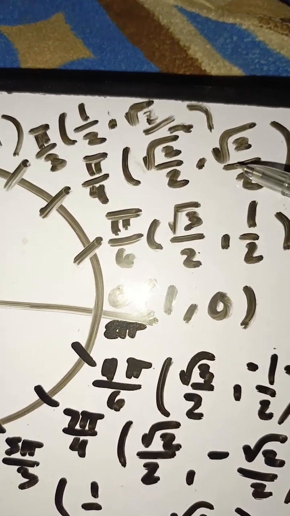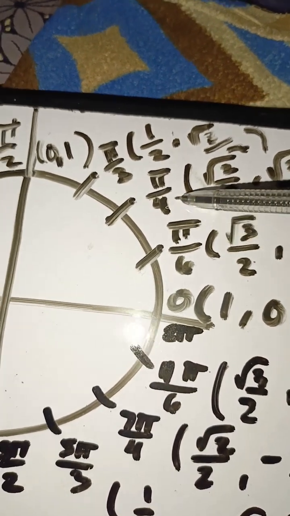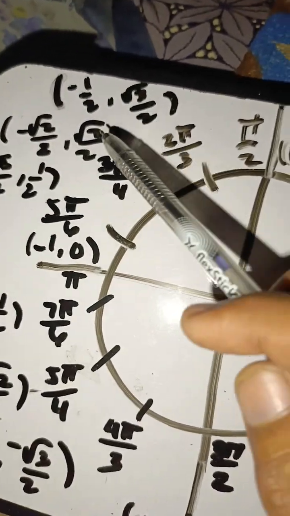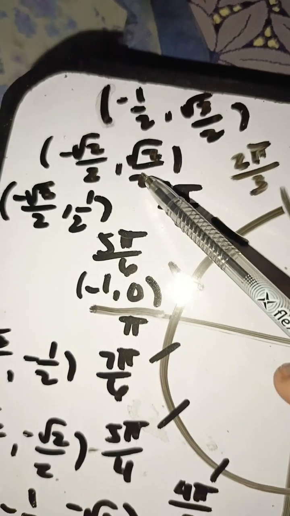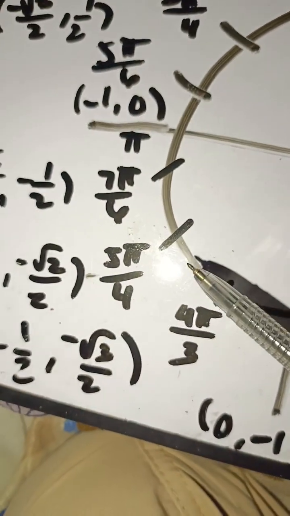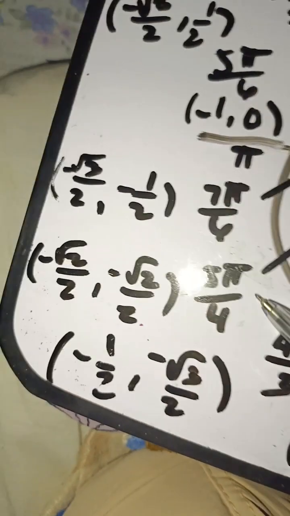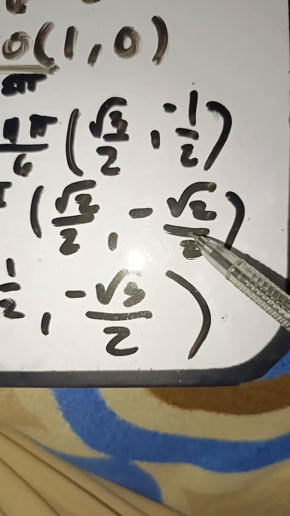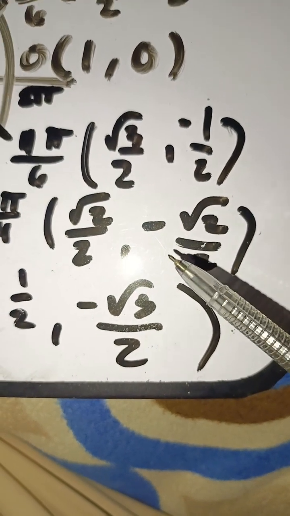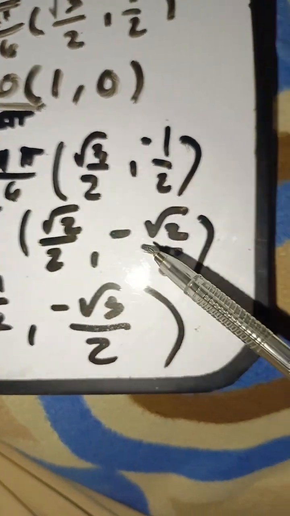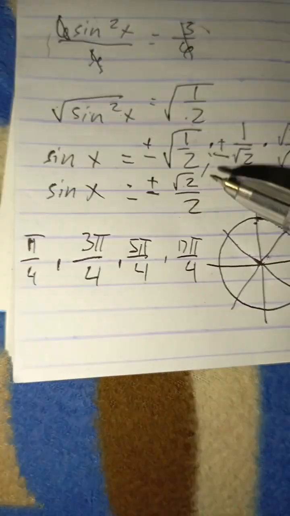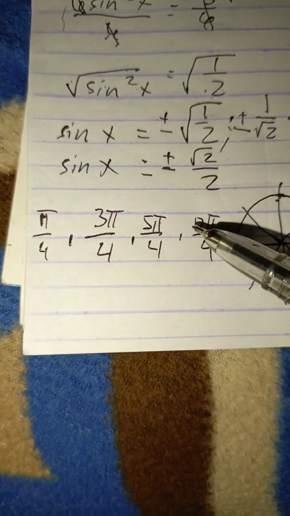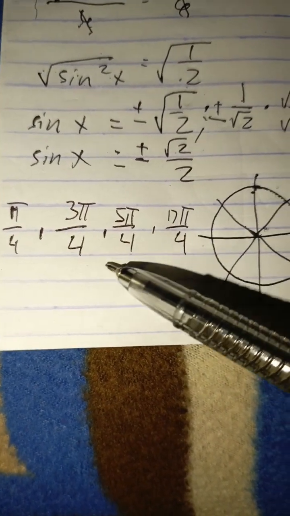We can find it here on pi over 4, on 3 pi over 4, on 5 pi over 4, and 7 pi over 4. Just like we said, it's either positive or negative. Now, here are the list of our intervals of 0 to 2 pi.